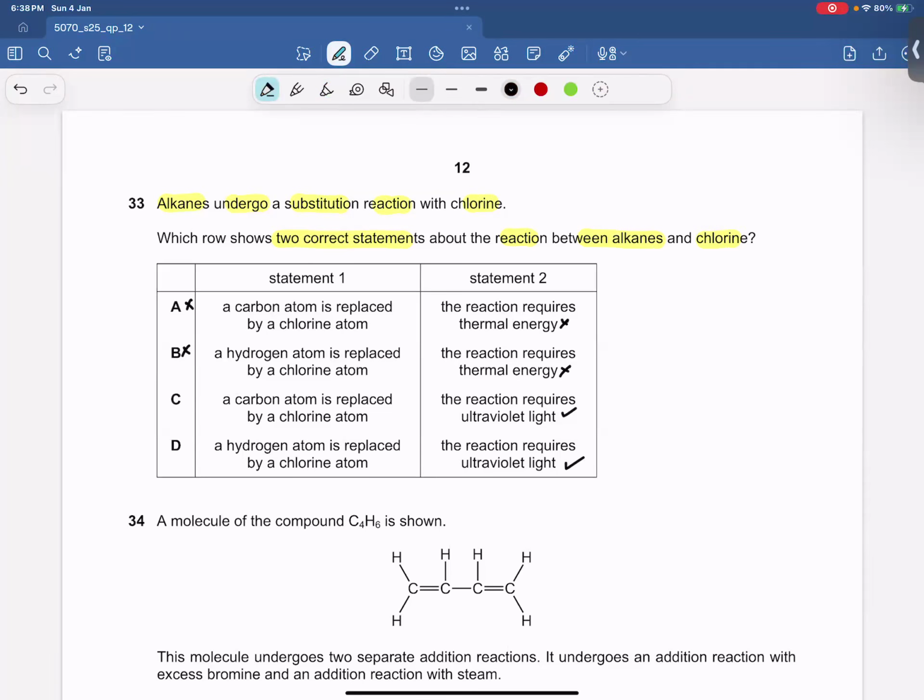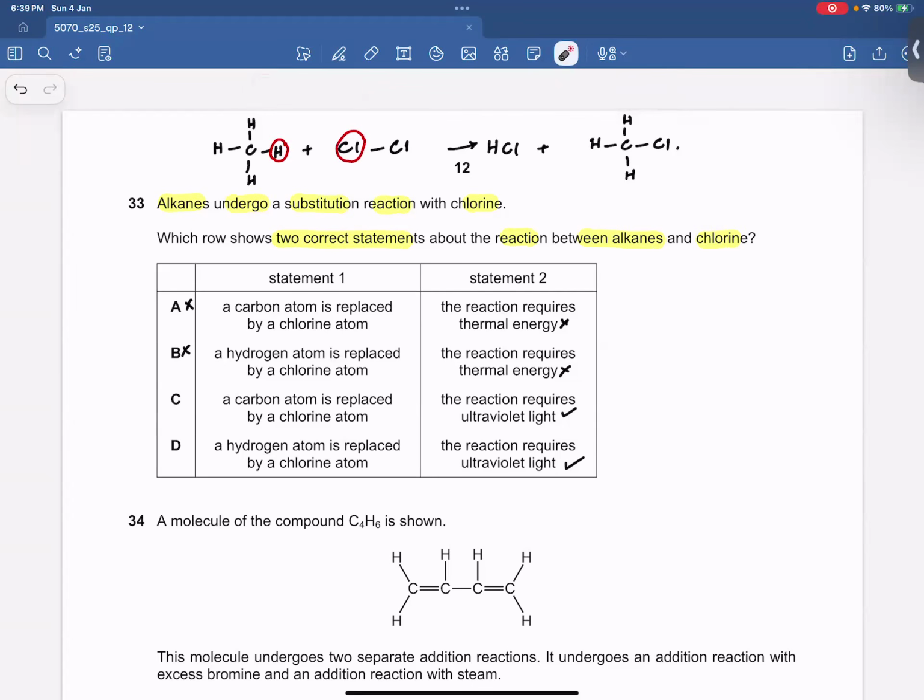A carbon atom is replaced by a chlorine atom. That's incorrect, because methane is CH4. It is reacting with chlorine. So this H is substituted with this chlorine, and so you will get HCl, and it's going to be CH3Cl.